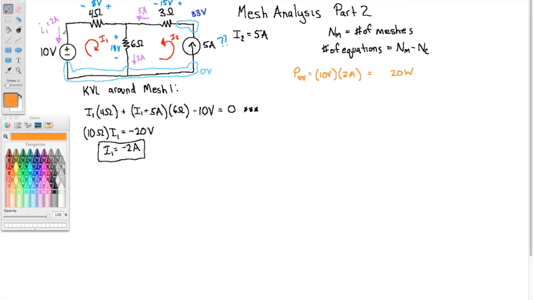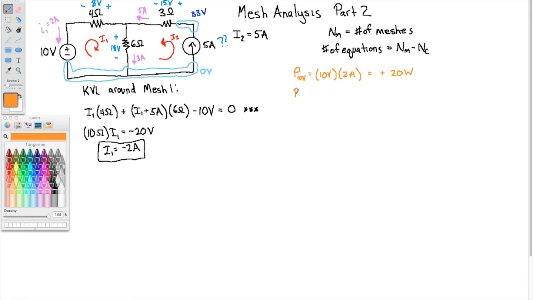And notice here that the current is entering the positive side and leaving the negative side, just like in a resistor. So this 10 volt source is absorbing power. So we'll make that plus 20 watts. Absorbing power. Yes, sources may absorb power. You charge your batteries, for example.